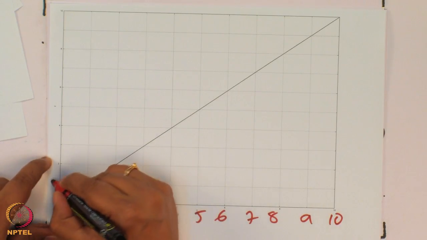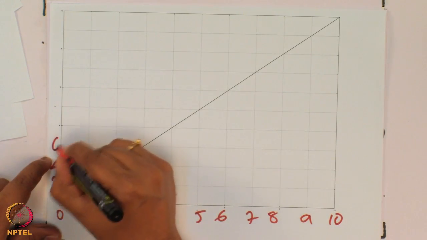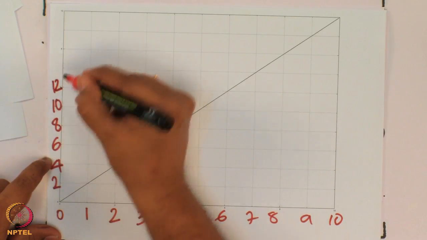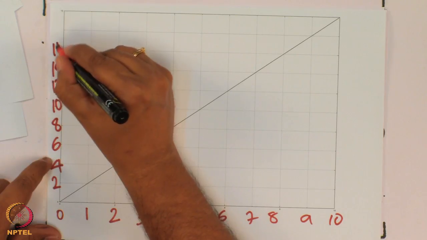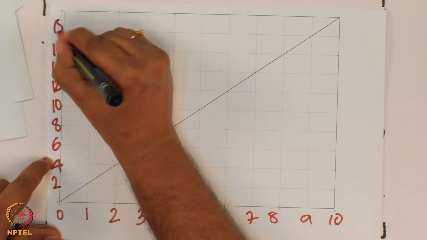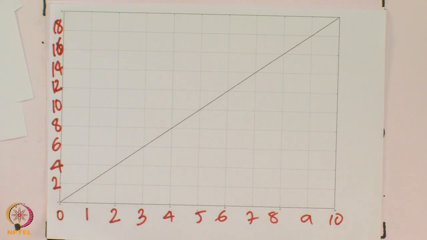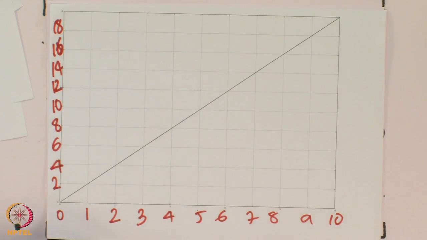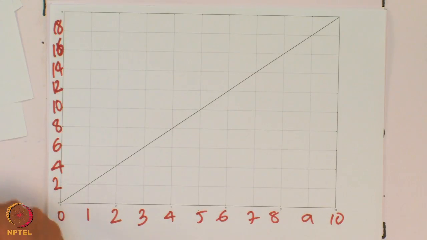And here I am going to put values 2, 4, 6, 8, 10, 12, 14, 16, 18 and so forth. Now this plot will become y is equal to 2x.